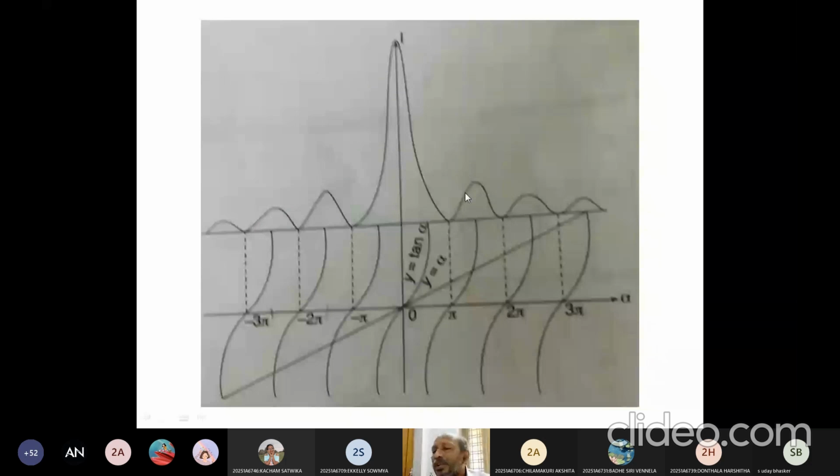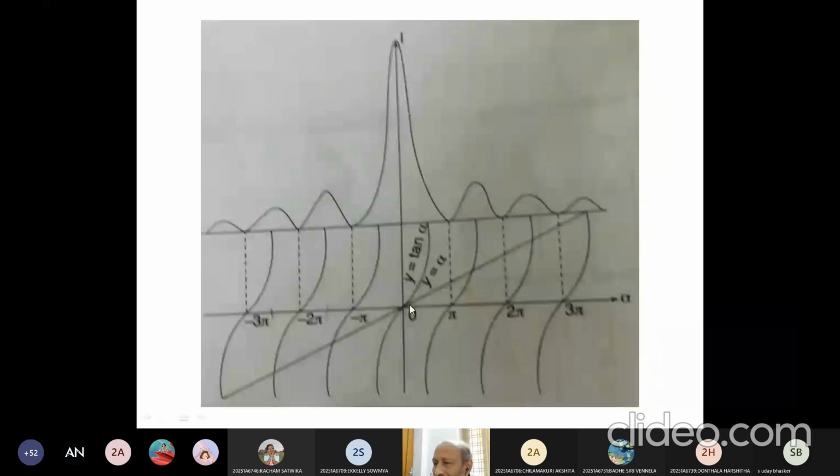Sir, how do you know that we are getting maxima here? We have seen that when alpha is equal to tan alpha, you will get this maxima. Sir, how to get that? So this straight line is giving you y is equal to alpha, and these curved lines are y is equal to tan alpha.